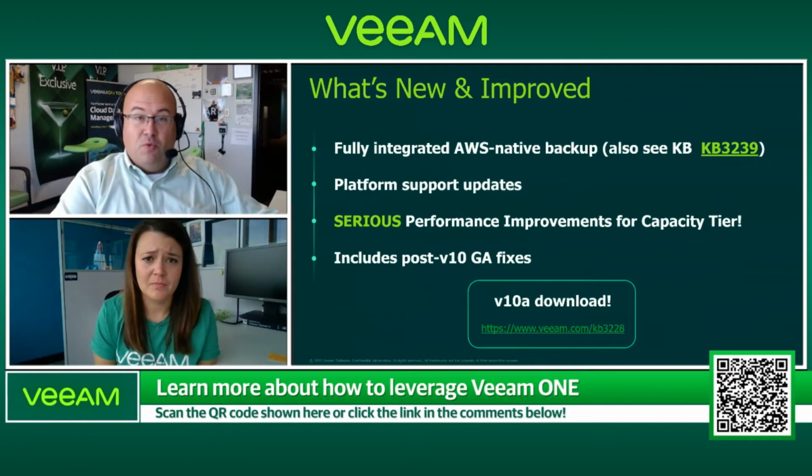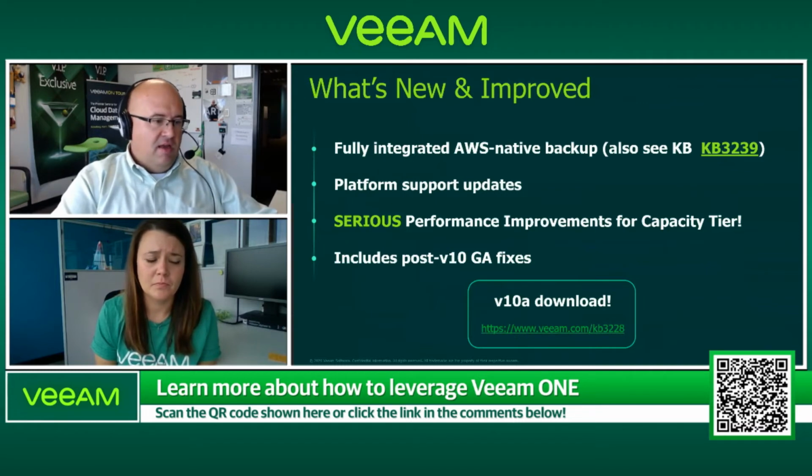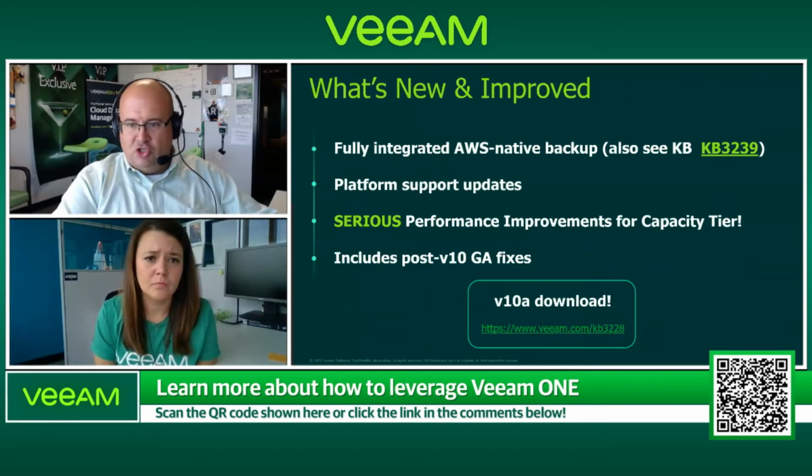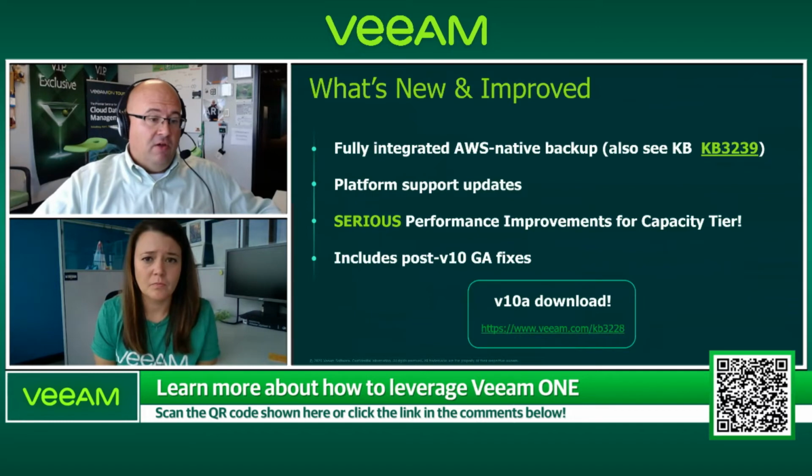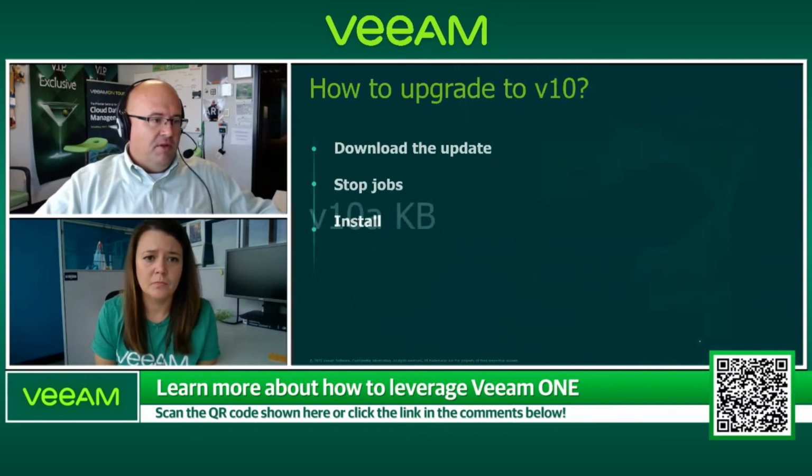Yeah, so we actually made sure this was all available when we decided to put this up for this LinkedIn Live. But KB 3239 is that plugin, and then 3228, and Christian should share that for VBR. But yes, there's a couple of different KB articles to read, but the AWS plugin is indeed available now.